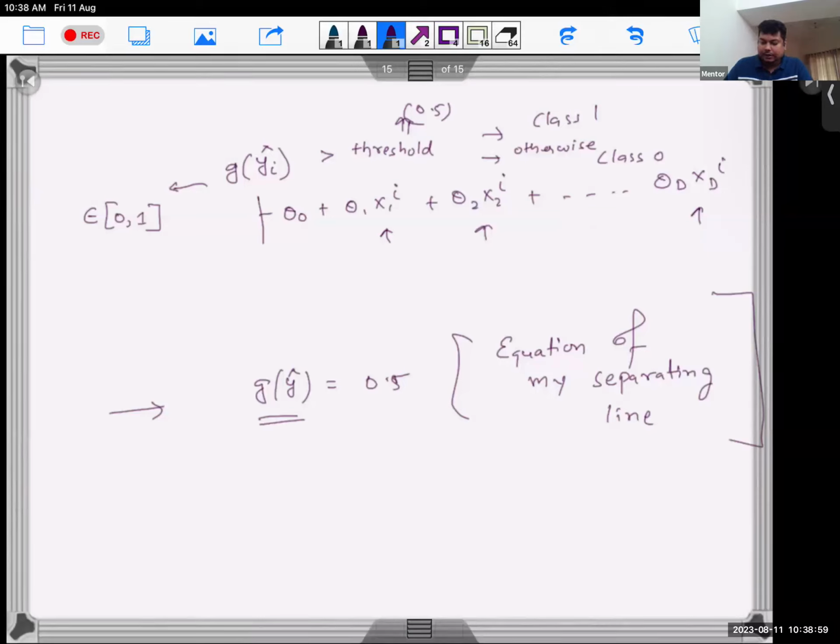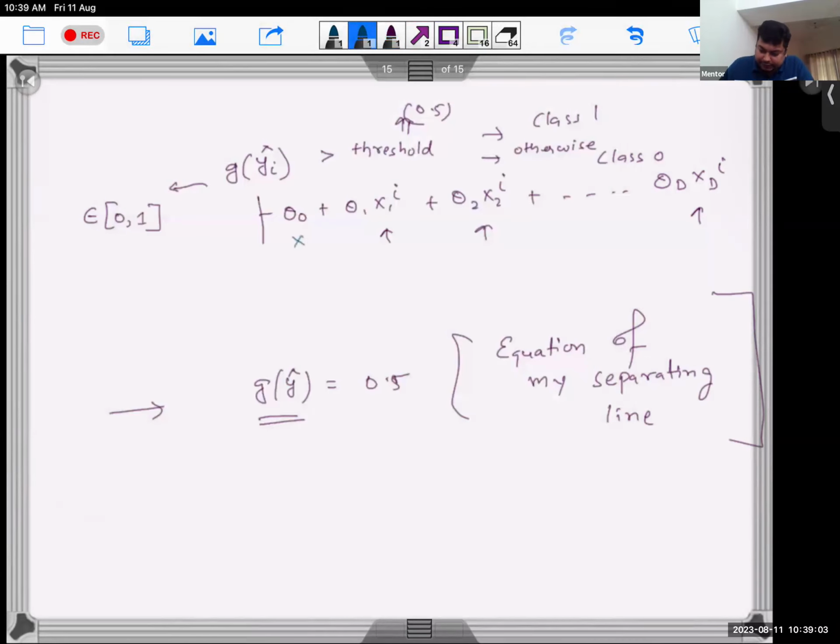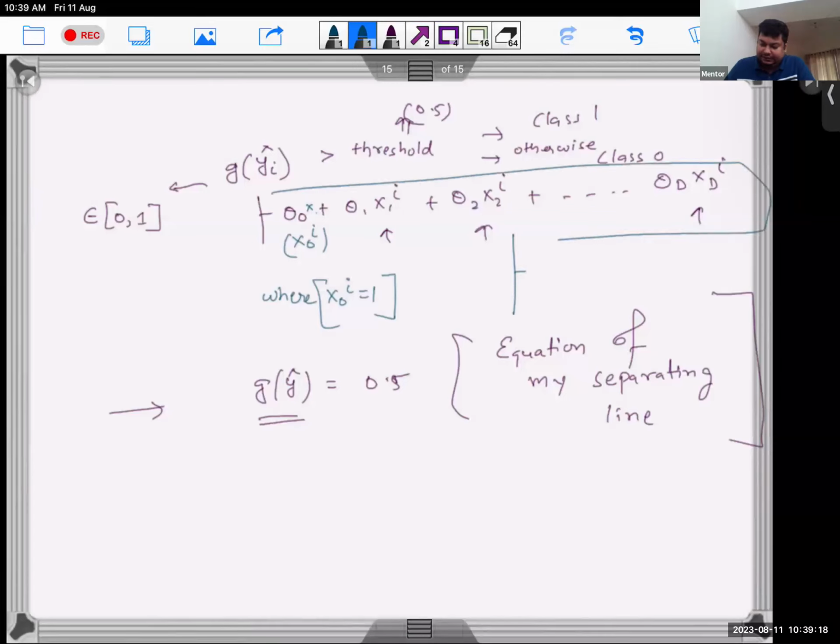I'm going to make just one change to it. Please see this. I'm going to say theta naught into x naught i, where x naught i is always 1. So this whole thing can be written as the sum over j equals 0 to d of theta j xj.